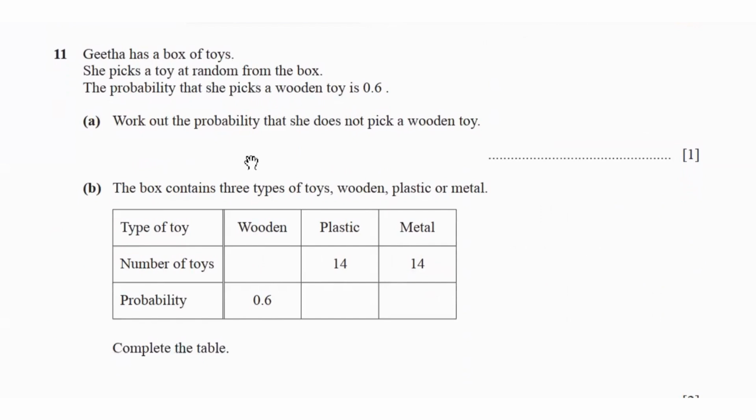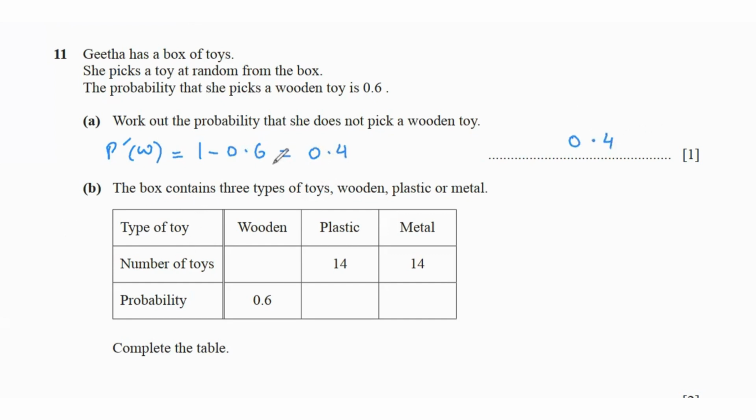Question 11 says, Geeta has a box of toys. She picks a toy at random from the box. The probability that she picks a wooden toy is 0.6. Work out the probability that she does not pick a wooden toy. So the probability of not a wooden toy is going to be 1 minus 0.6, which is 0.4.